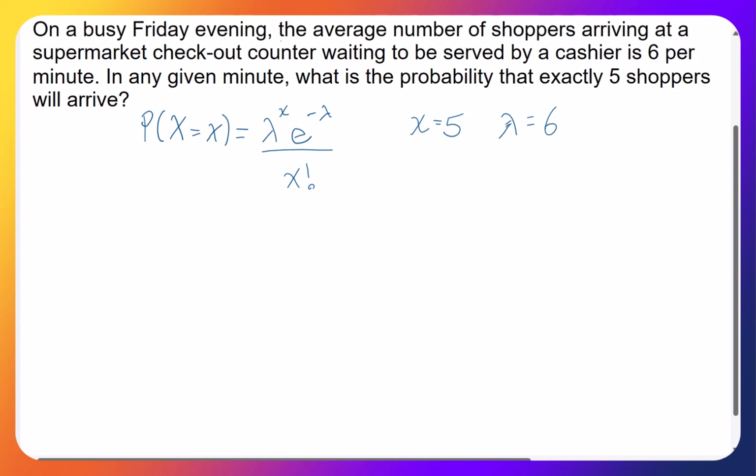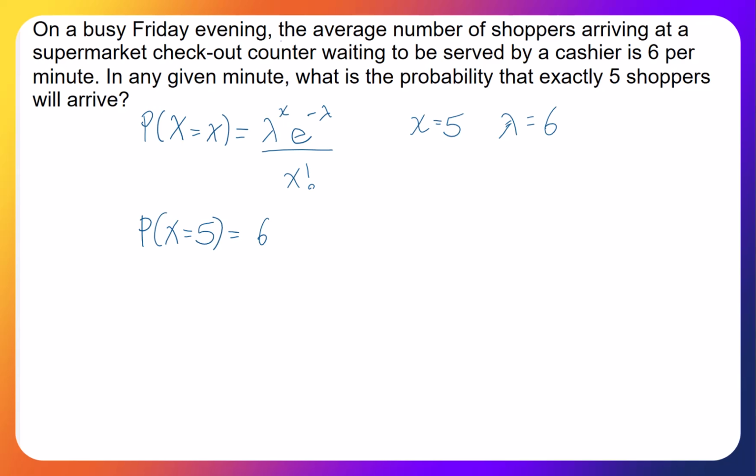Okay, so when x is 5 and lambda is 6, the probability that x equals 5 is 6 to the power of 5, e to the minus 6, all over 5 factorial. Now you can calculate 5 factorial in your calculators.